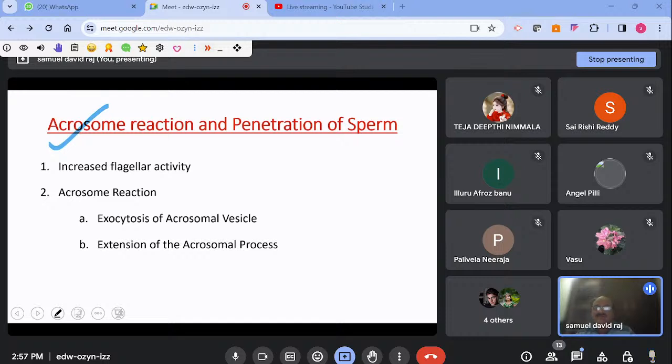It can be studied under two headings. One is increased flagellar activity followed by acrosome reaction. In the acrosome reaction, we see first of all exocytosis of the acrosomal vesicle followed by extension of the acrosomal process.